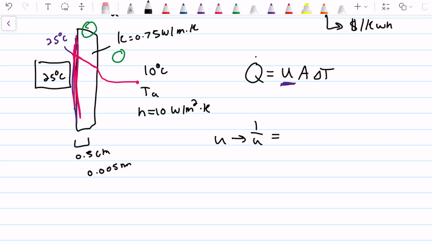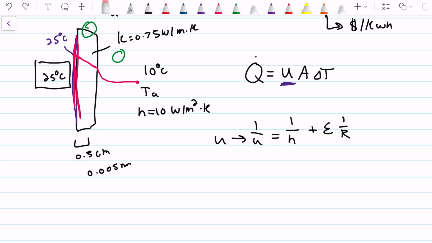For a planar surface, what is it going to be? We can calculate this using 1 over all of the ambient temperature heat transfer coefficients, and then add in the resistance of, generally this would be the sum of the resistances across solids like this.